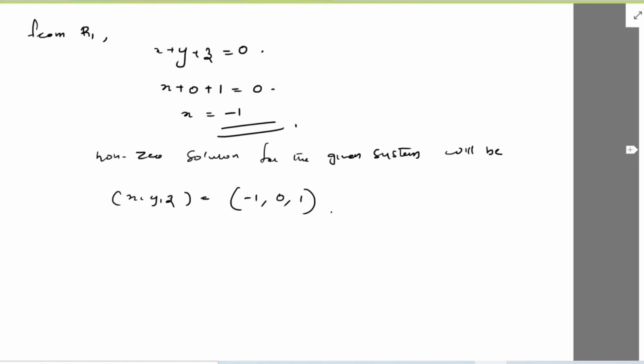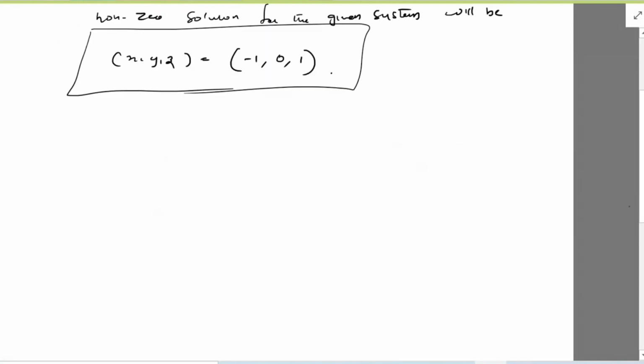You can give any values for z. Depending on the value of z, we will get a different solution for the system. So infinitely many solutions are there. One such solution will be x, y, z equal to minus 1, 0, 1.